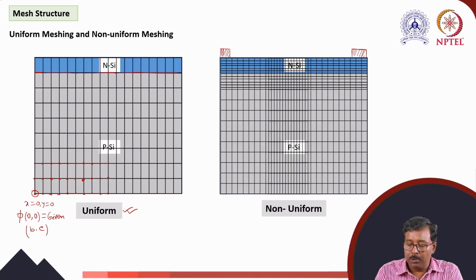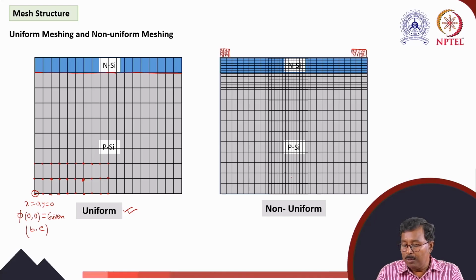In this portion also you can increase the mesh lines. That means if we used this dense mesh all over the device region, then it would need much more time and use more memory and computer resources.